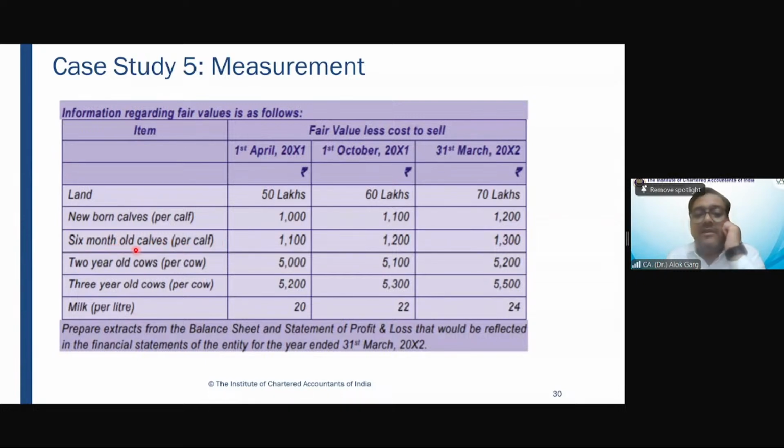In the next line, the 6-month-old calf value has been given. Is it relevant? Yes, it is relevant.